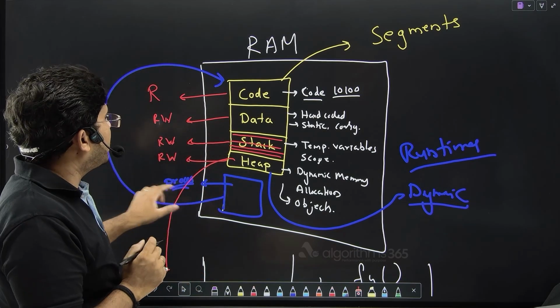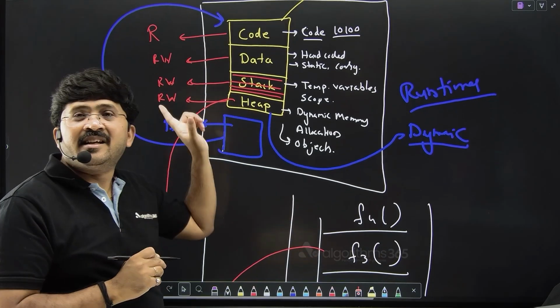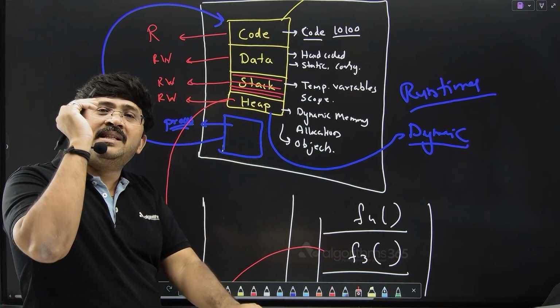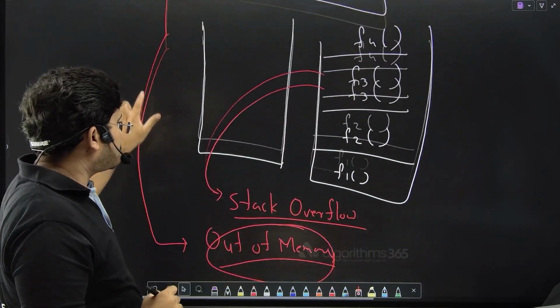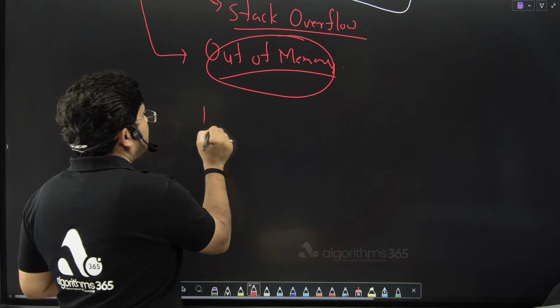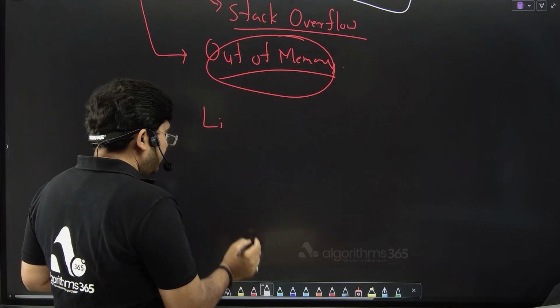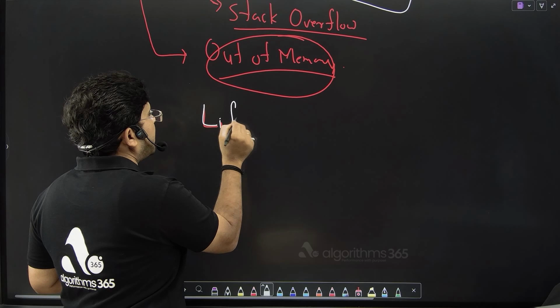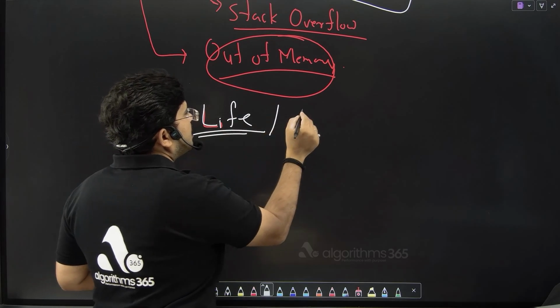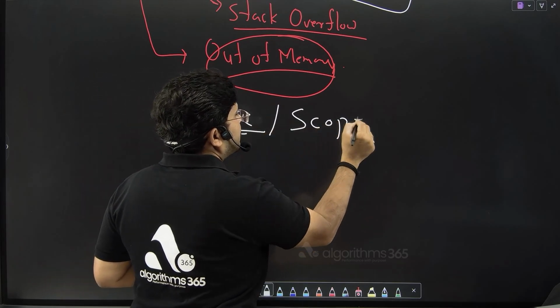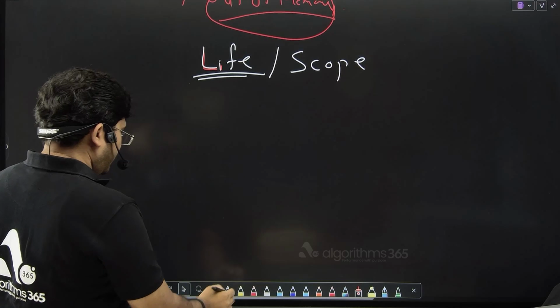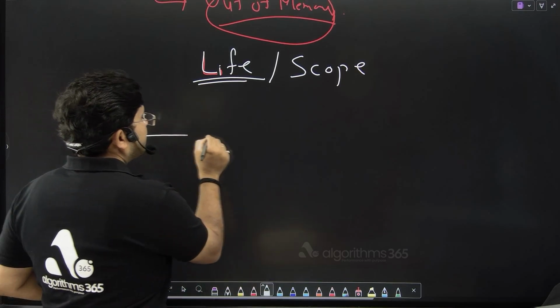Okay. Now, anything you declare in heap, it will be there as long as. So this is the main thing. Now, the life of that variable, life means the scope, right? Let's say this is the timeline.